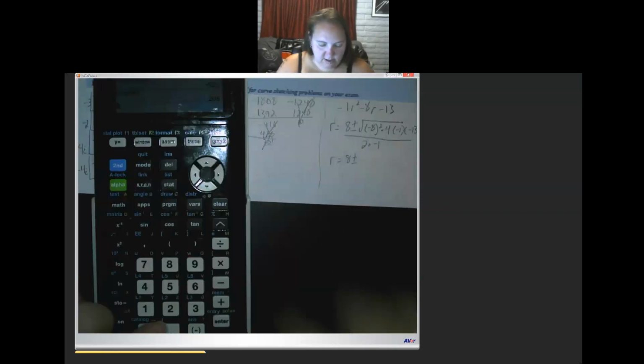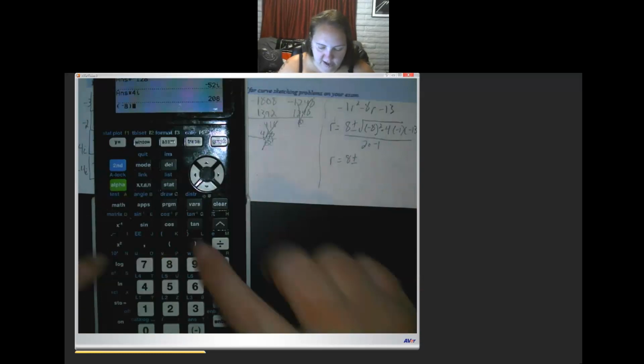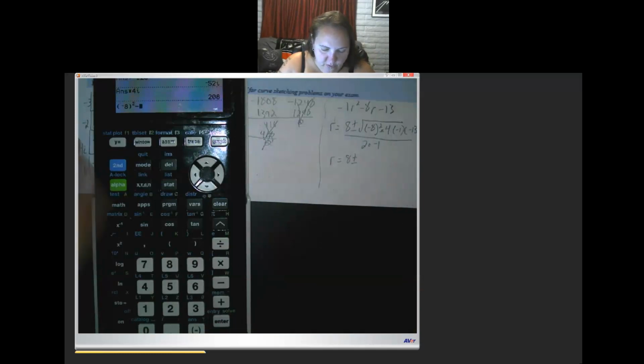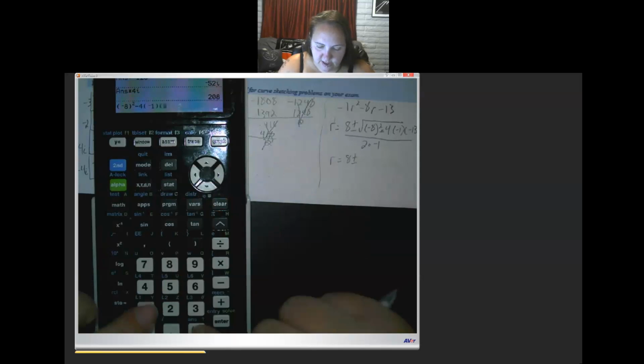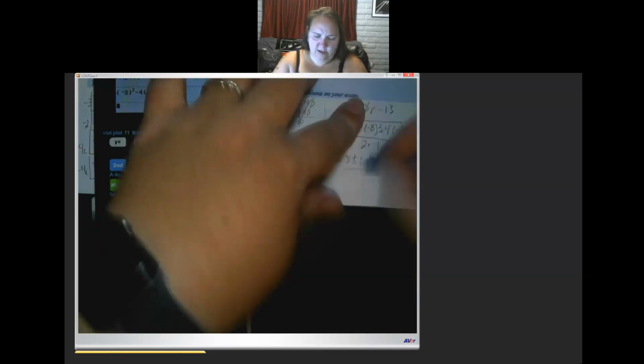Let's see. Negative 8 squared minus 4 times negative 1 times negative 13. Square root of 12. We already did the square root of 12. Square root of 12 was 2 rad 3.